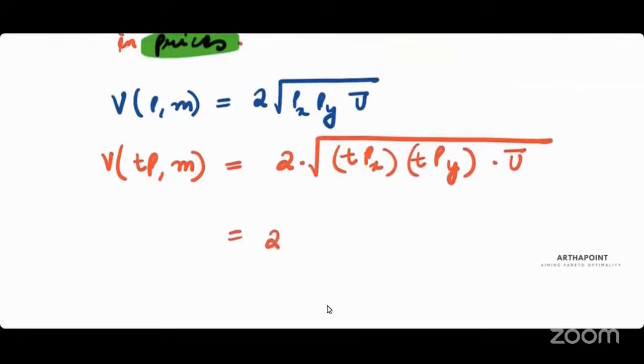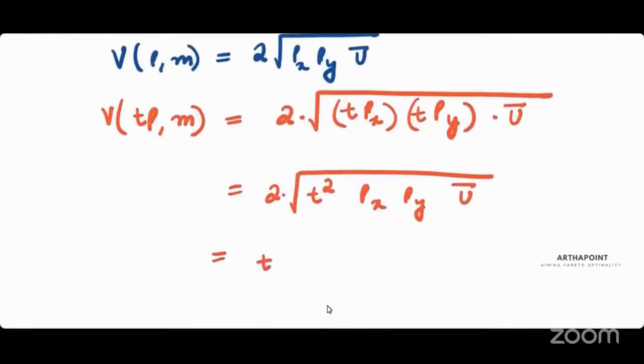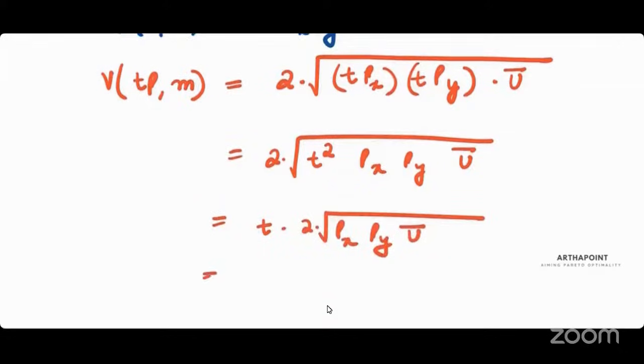So this will be 2 root t square Px Py U bar. So t will come out. It will be t times 2 root Px Py U bar. And this will simply be t to the power 1 into the initial expenditure function.